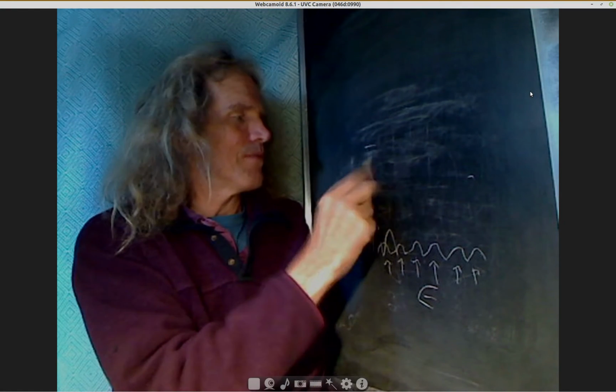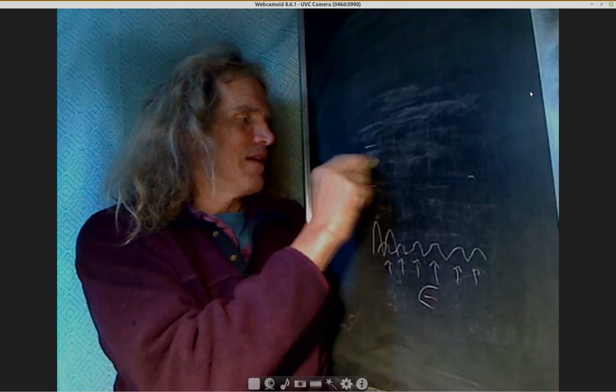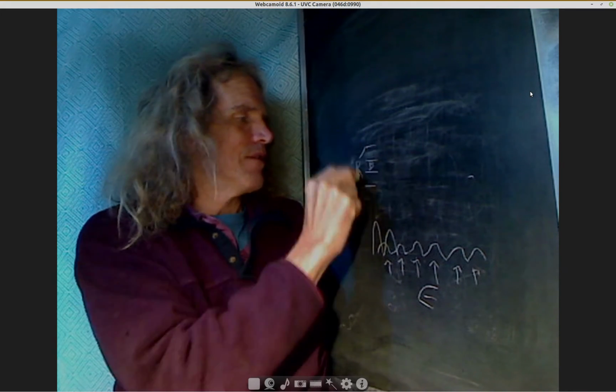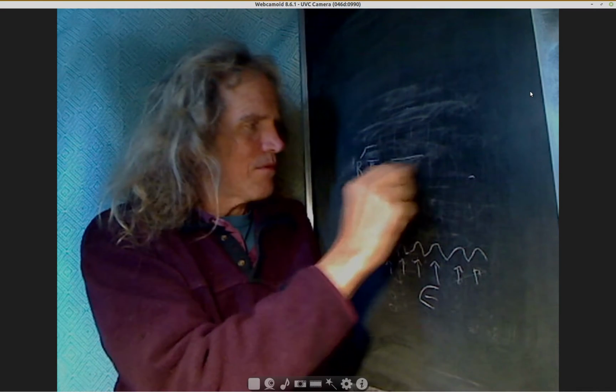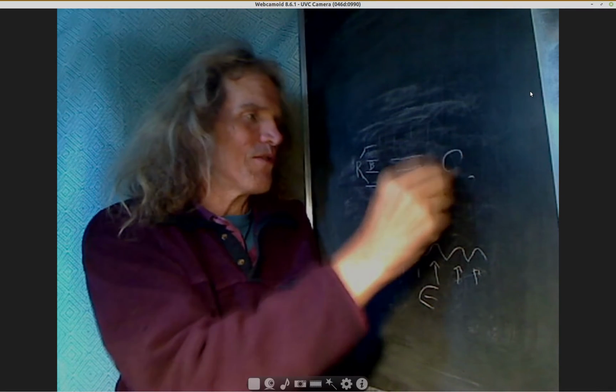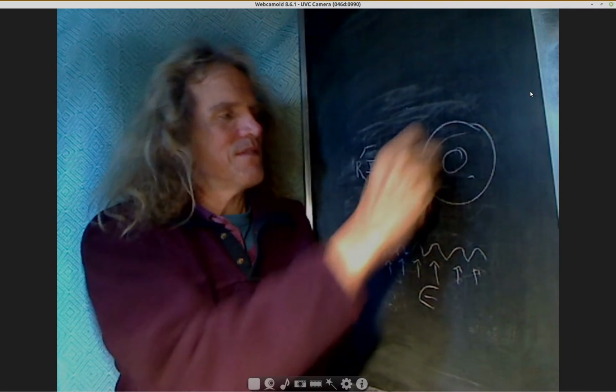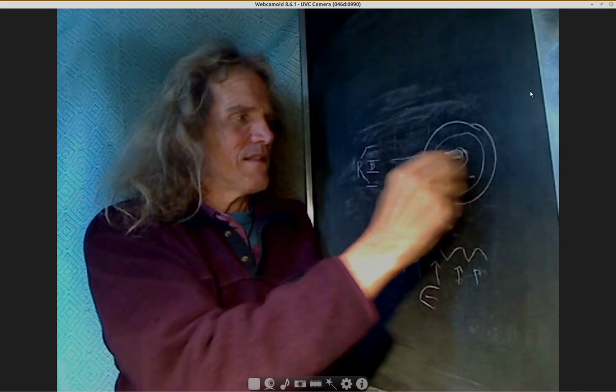The point is red has this huge polarization, but the polarization for the blue light is much narrower. The red is wide, the blue is small, which means the blue light hits a smaller surface. Red light hits this big surface, blue light hits this surface.